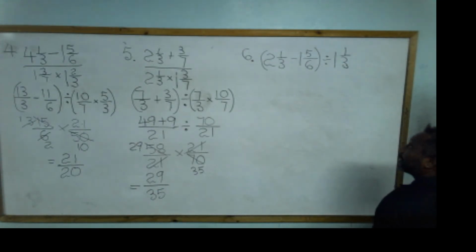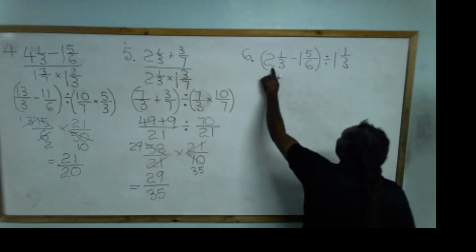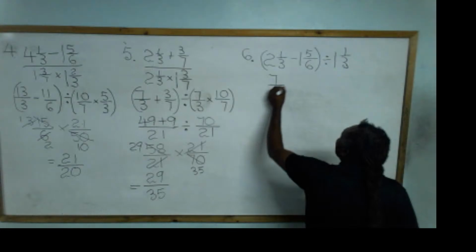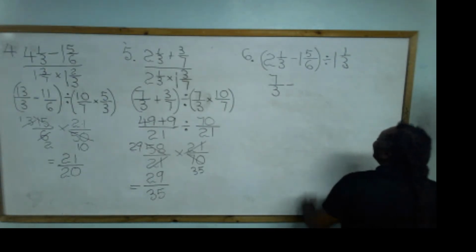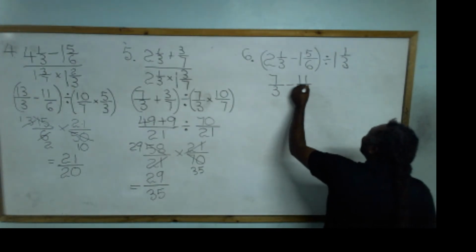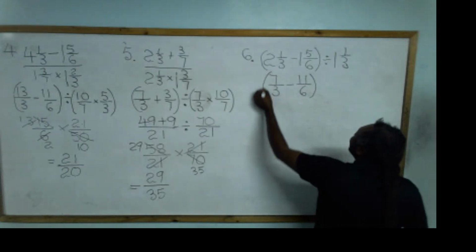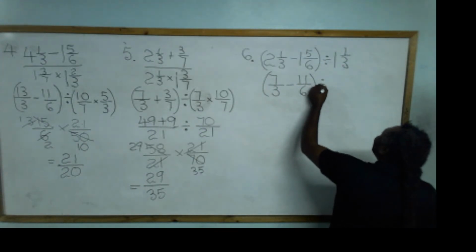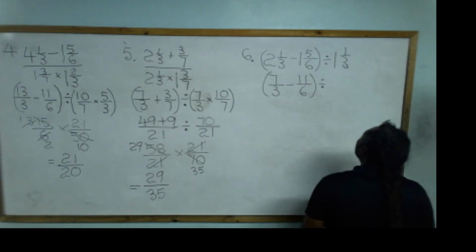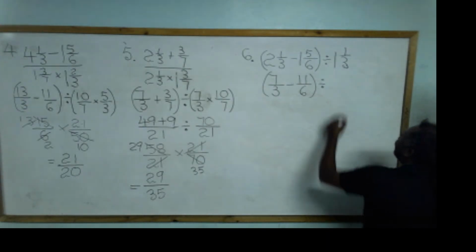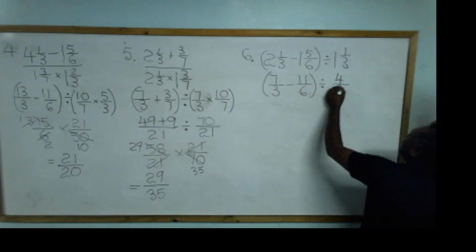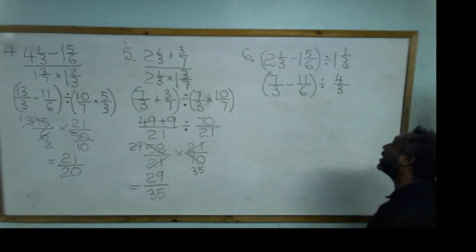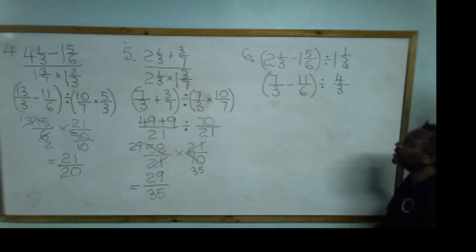Let's go. Improper fractions time. 3 2s, 6 plus 1. So that is going to be 7/3 minus 11/6 to be divided by 4/3. And I think that everyone will enjoy this one because it's quite enjoyable.